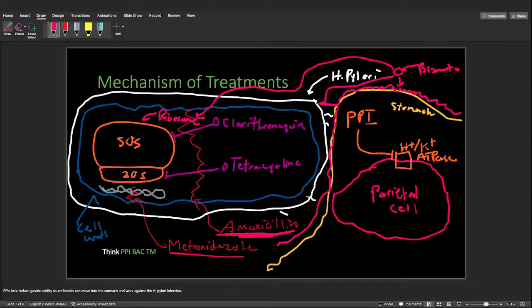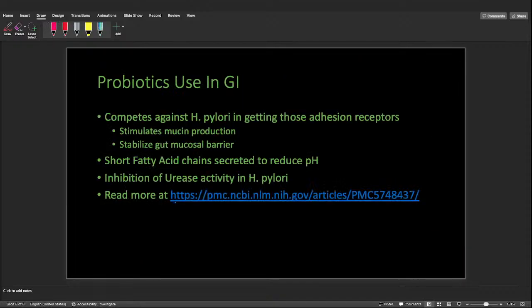In the studies I've read online during my research, it showed that they have some mechanisms that work against H. pylori as well. So one of them is that they can compete against the H. pylori in getting those adhesion receptors.